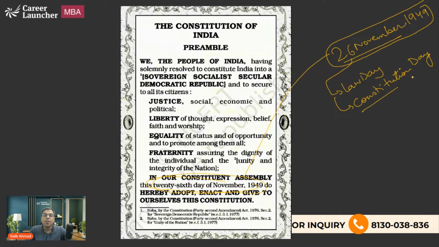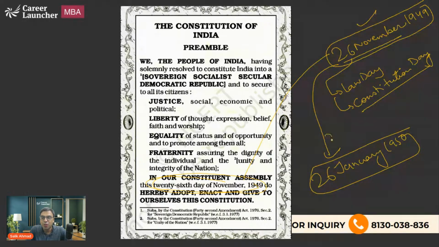Now, what happened was on 26 November 1949 the Constitution was prepared, but it was implemented on 26 January 1950. So the question is, why did we wait for 2 months? Just to have a memory of 26 January 1930.